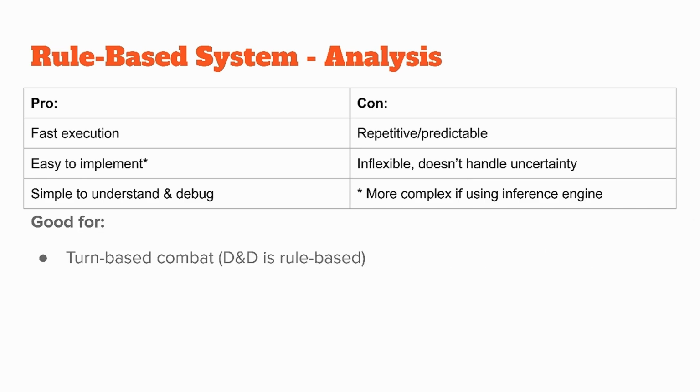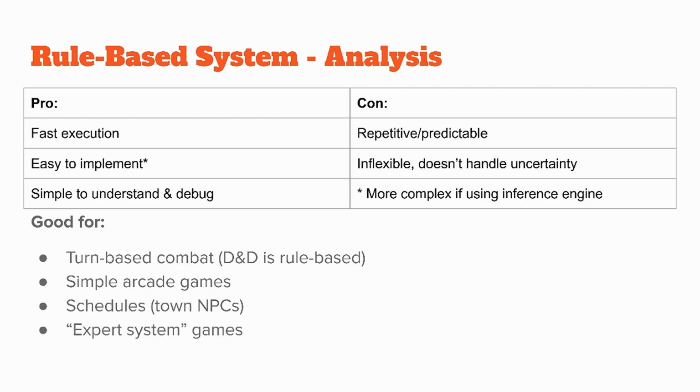So these are good for turn-based combat, like that JRPG that I showed previously. D&D, Dungeons and Dragons, is rule-based. It's good for simple arcade games. It's good for schedules. If your town NPCs do things at different times, you can make those rules based on times, other factors such as is the town peaceful or is it under attack?